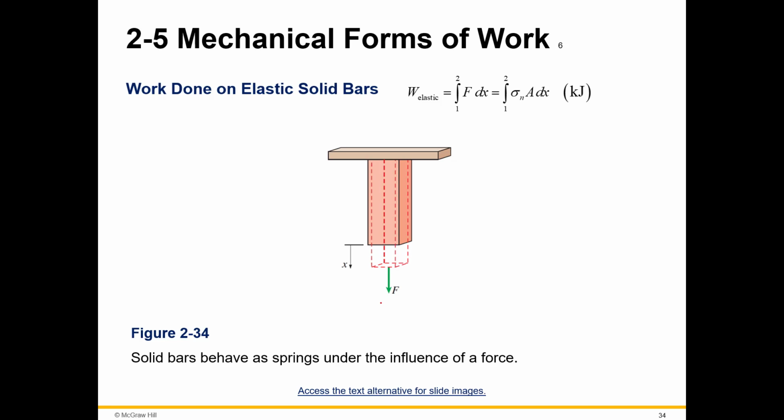So you definitely can have a force applied on a solid and it moves. And elastic means that it can deform and go back. Just like a rubber band, if you stretch it out, it's very elastic and it'll come right back to it. So this could be like F1 and F2 of a rubber band. You can also do that for solids.